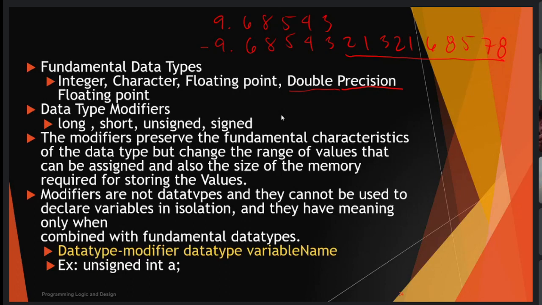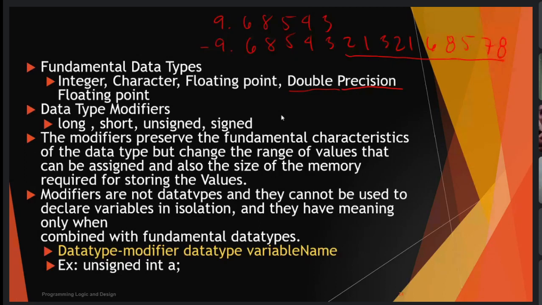Okay? What is the use of these modifiers? Okay? So stated there, the modifiers preserve the fundamental characteristics of the data type but change the range of values that can be assigned and also the size of memory required for storing the values.